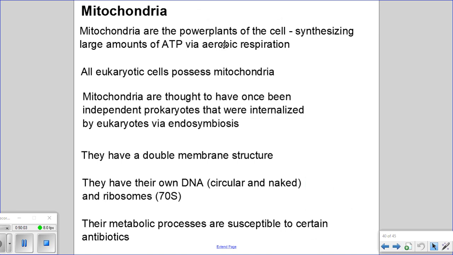Lastly, we'll have a look at mitochondria. So just recall that mitochondria are the power plants of the cell. The whole thing we've been talking about here is generation of energy. And it will function to synthesize large amounts of ATP through aerobic respiration. All eukaryotic cells possess mitochondria. Mitochondria are thought to have once been independent prokaryotes that were internalized by eukaryotes through that process of endosymbiosis.